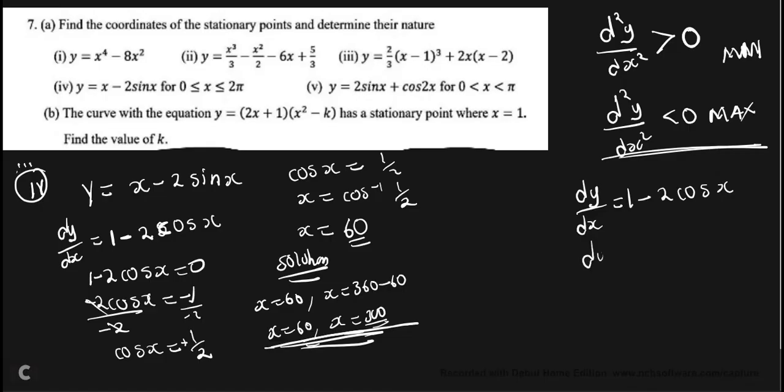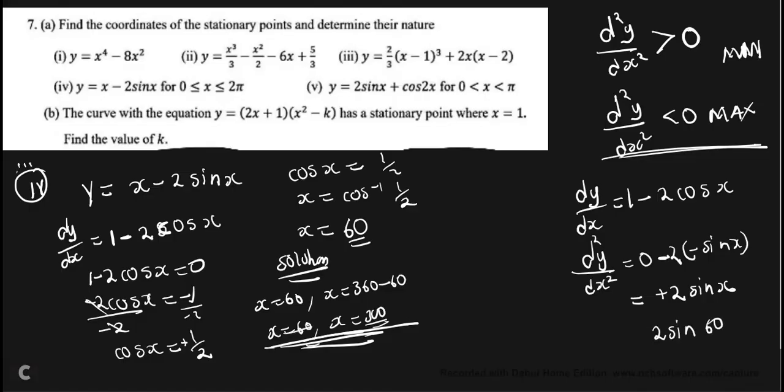When you differentiate this for the second time, that is 0 minus 2 times negative sine x, meaning you have positive 2 sine x.